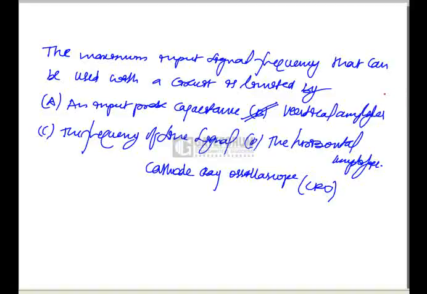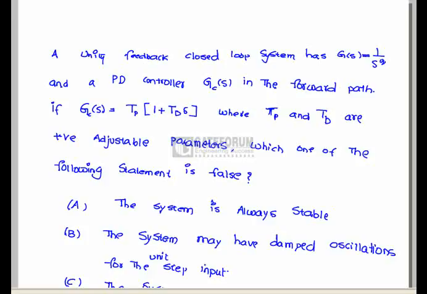Question is, a unity feedback closed loop system has open loop transfer function G of s equals 1 by s square, and a proportional derivative controller Gc of s in the forward path equals Tp into 1 plus Td s, where Tp and Td are positive adjustable parameters.